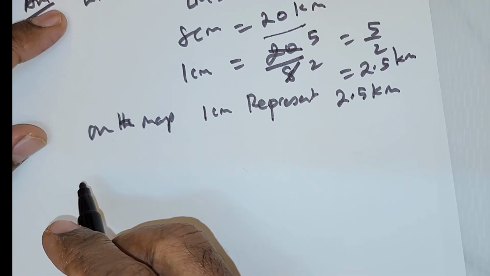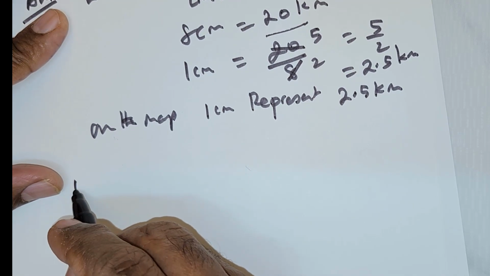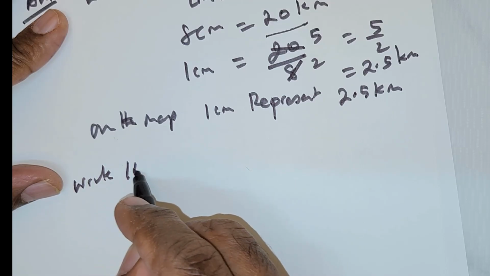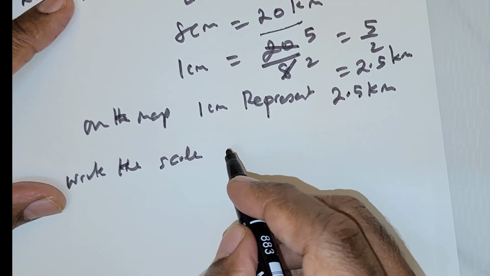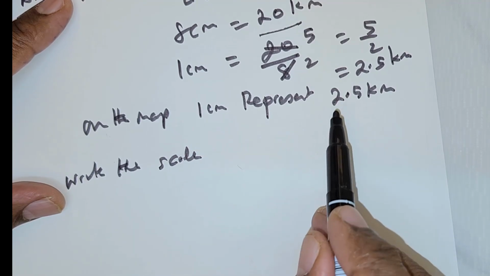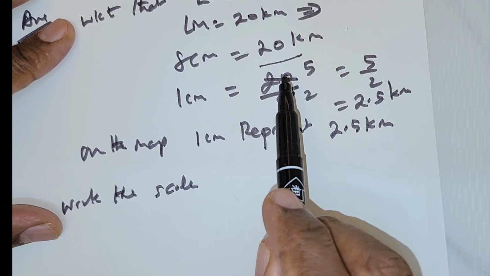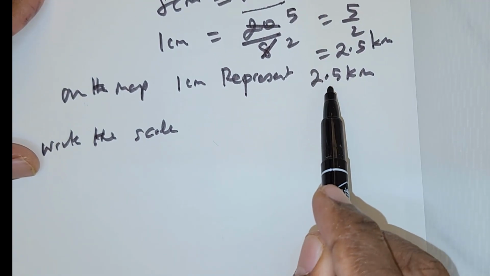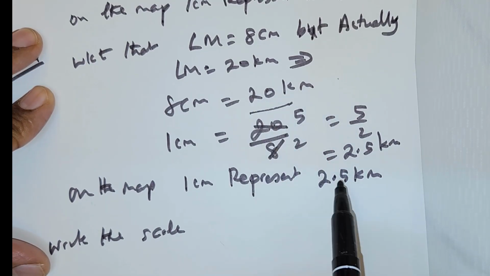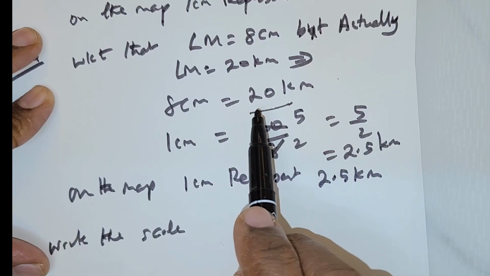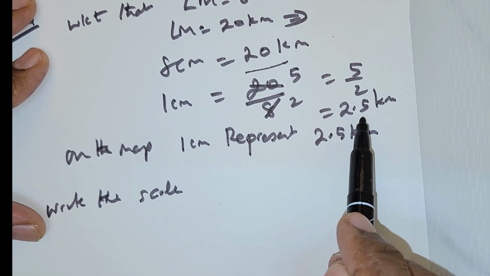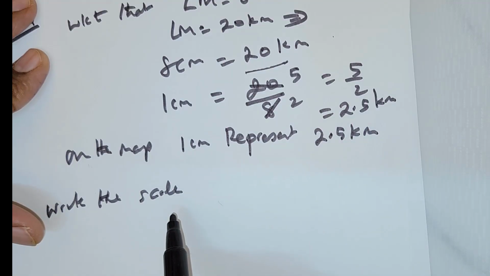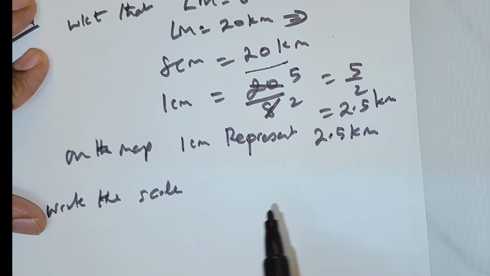So next one is write the scale of the map. So we call it a scale, right? If you were to reduce the dimension from 20 to 2.5, that's actually a reduction in the dimension. And this reduction, where we have 1 cm is equal to 2.5, is actually what is called a scale that is used to draw the map.